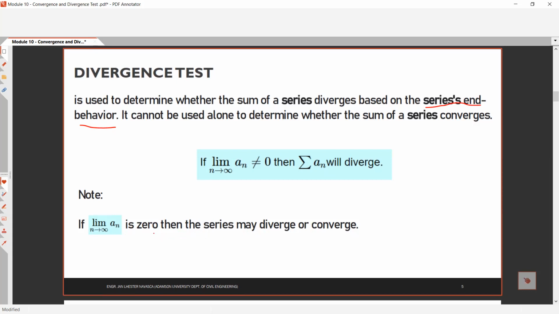Ibig sabihin, dalawa pa pala to. Kapag yung limit mo is equal to 0, dalawa yung possible answer: it may converge or it may diverge. Kapag ganito yung condition mo, not equal to 0, automatically the summation of your a sub n will diverge.